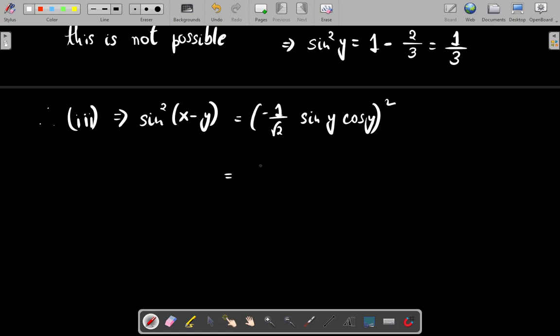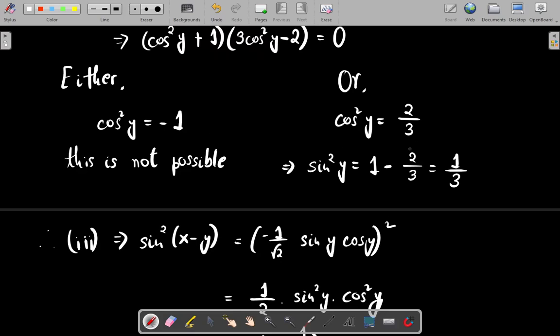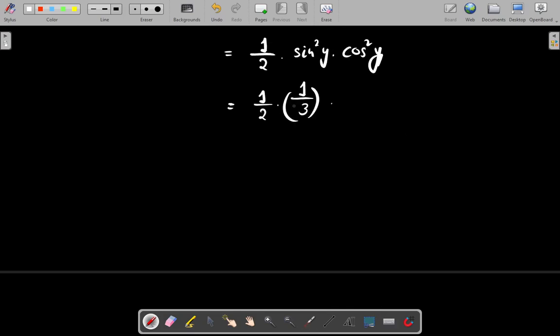So this becomes half times sin square y times cos square y. Okay, so it's almost finished now. Sin square y, this is nothing but 1 upon 3. Similarly, cos square y, this is nothing but 2 upon 3, right?